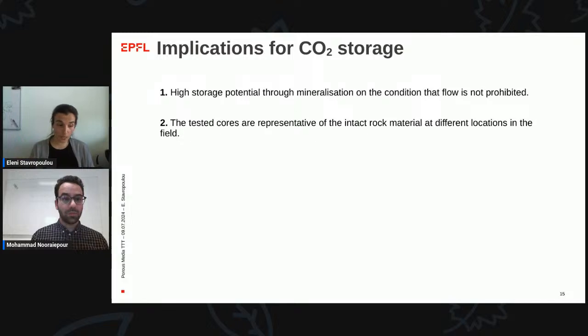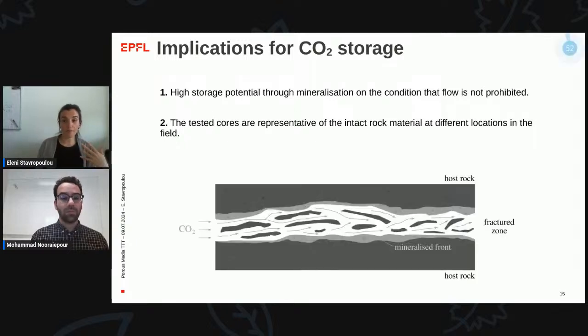Then the other thing we need to take into account is that we tested cores, intact cores. So these represent the intact rock material in the different locations in the field. By taking this into account, an ideal scenario, and this is actually what is happening in Switzerland and Carbfix, is injection of CO2 in highly fractured zones to ensure that flow is not prohibited.